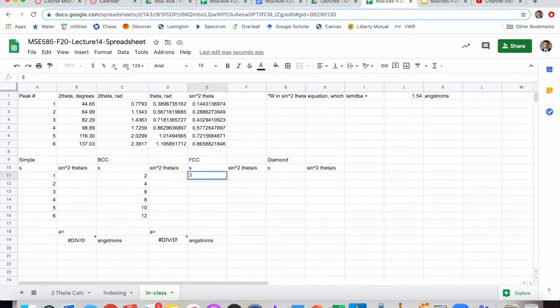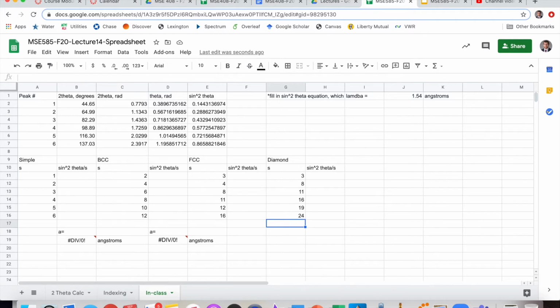For FCC, it's 3, 4, 8, 11, 12, 16. And for diamond, it's actually 3, 8, 11, 16, 19, and 24. So those are our S values for this case. And so that is the second part of what we're looking for.